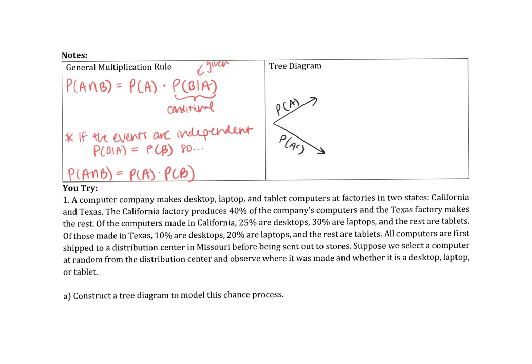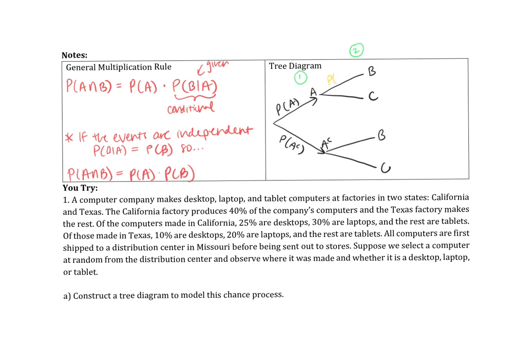Then based off that first event, we've got another option, and that is event B or C. These are conditional probabilities.